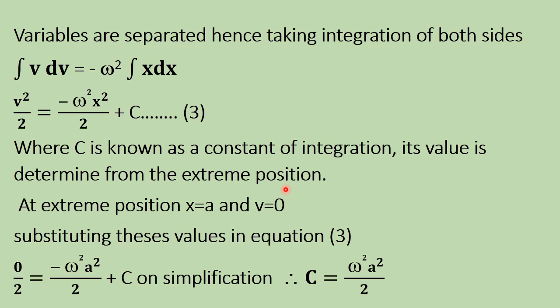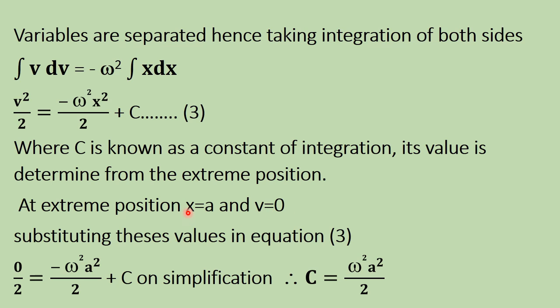When the particle is present at the extreme position, the displacement of the particle is maximum, and this maximum displacement is known as amplitude. We know that at the extreme position the velocity of the body is 0.